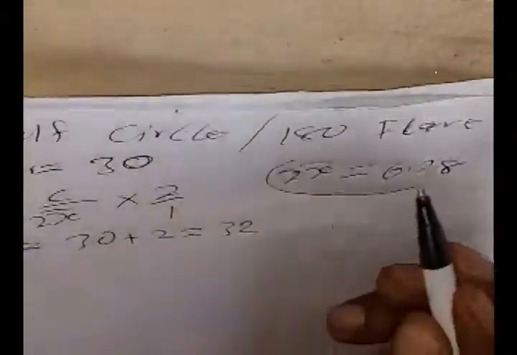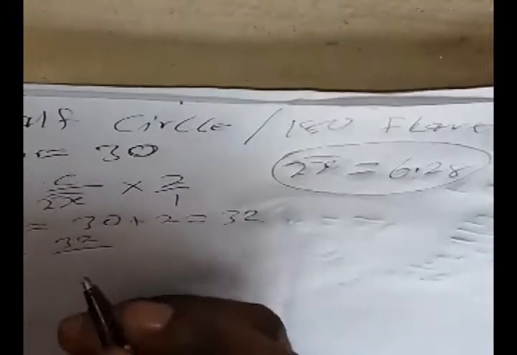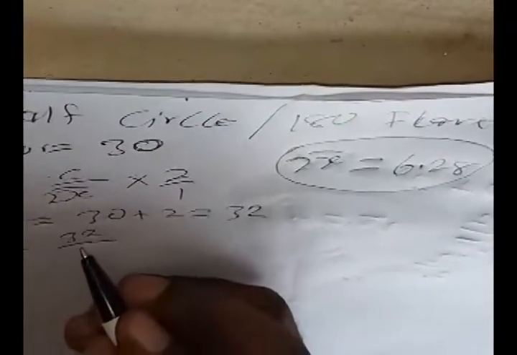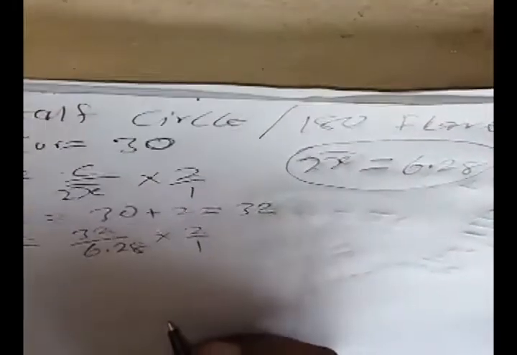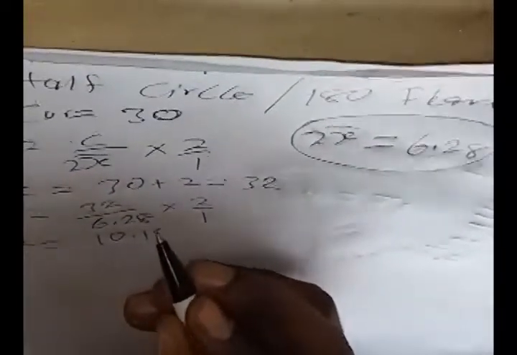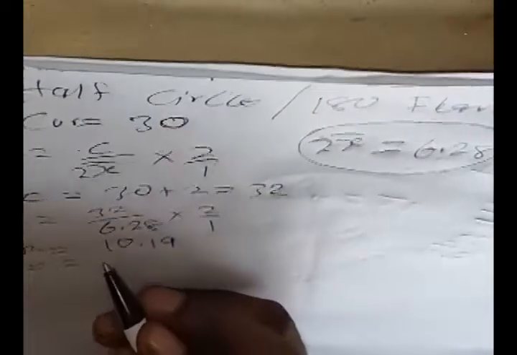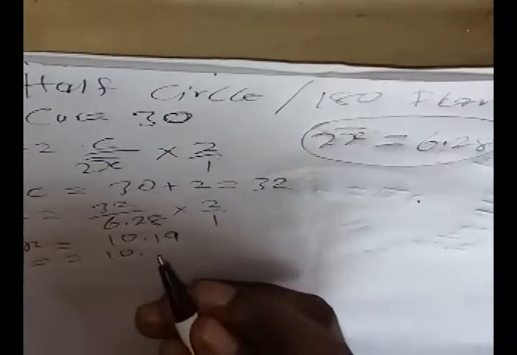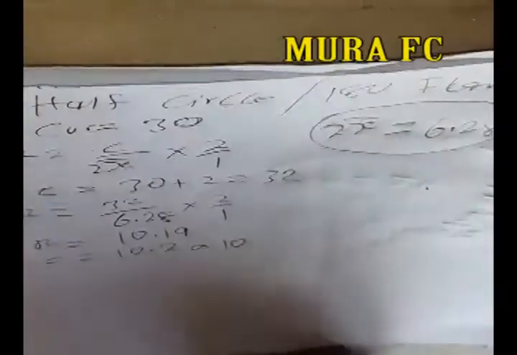So we substitute this into the formula: 32 divided by 6.28 times half, and that will give us 10.19. You can round it to 10.2, or better still, just make it 10.